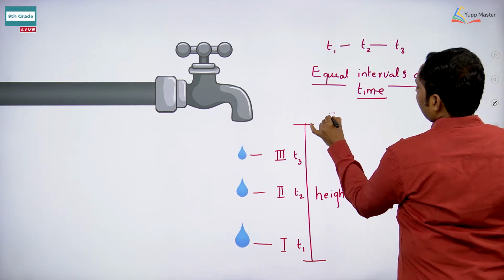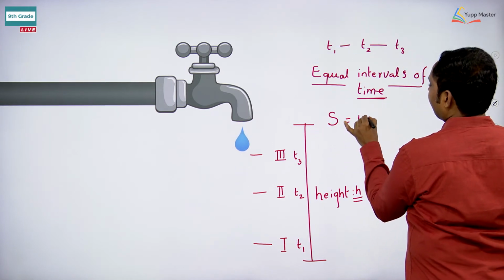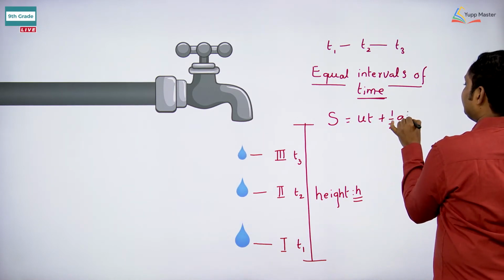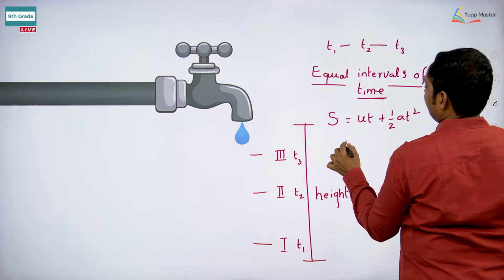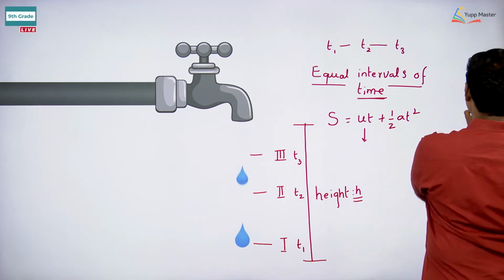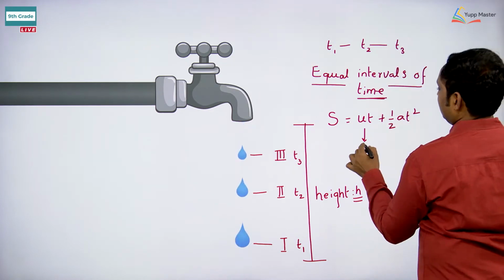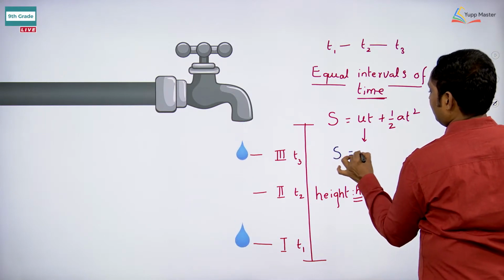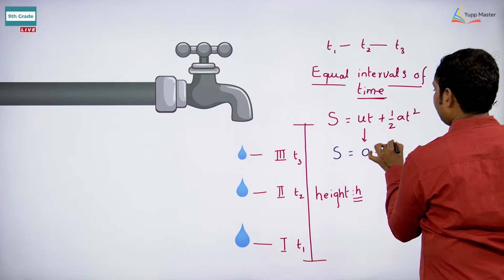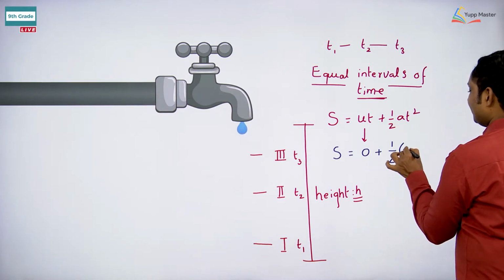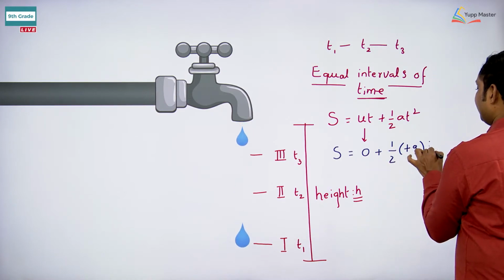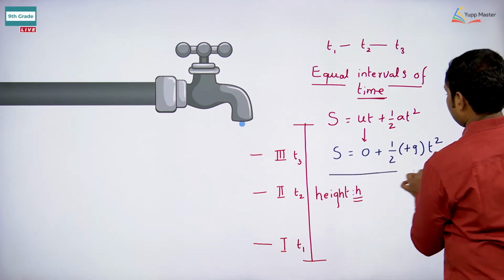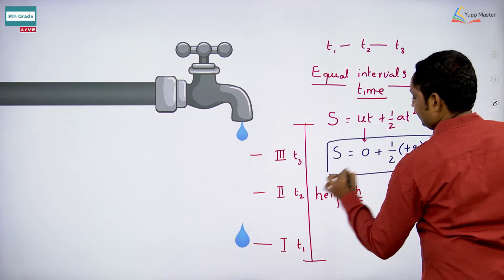Now, half a t square, it's very clear. So, S is equal to 0 plus 1 by 2 g t square. This is the generalized expression for that one.